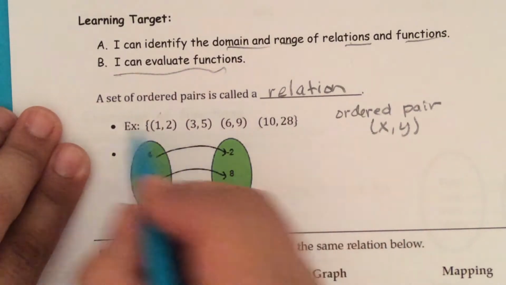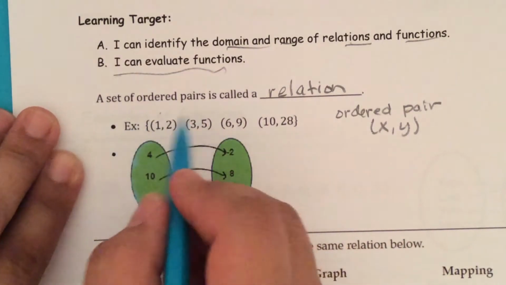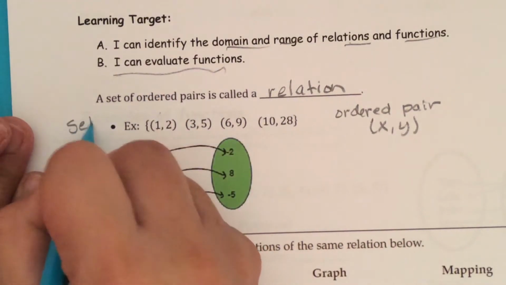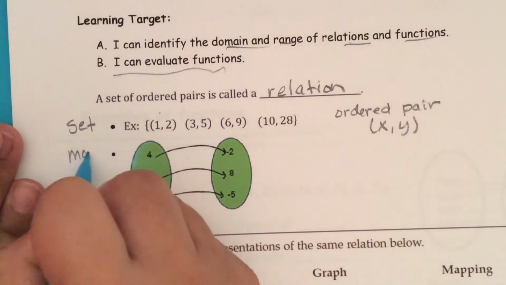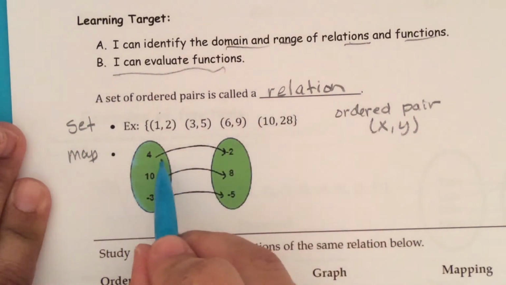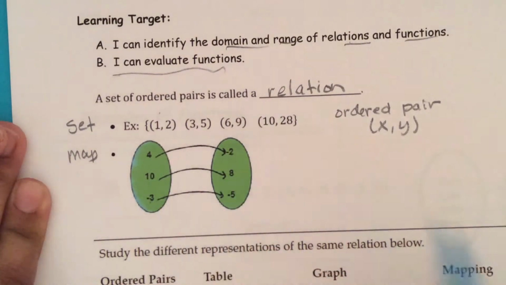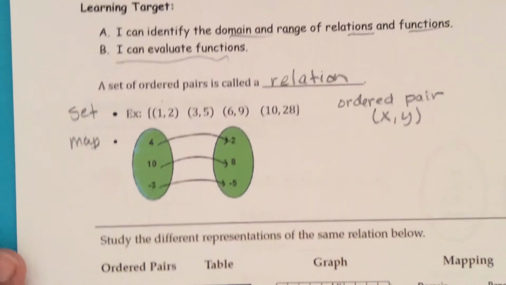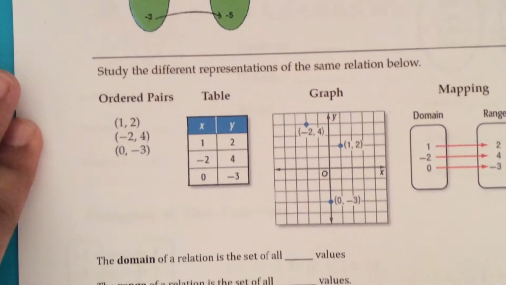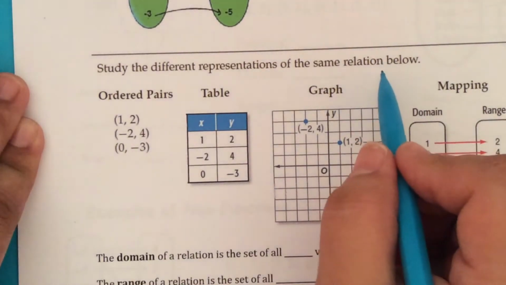Or you can have a mapping. So this is a set, this is a map. And so you're mapping the 4 to -2, the 10 to 8, the -3 to -5. So we have different representations of a relation, okay?